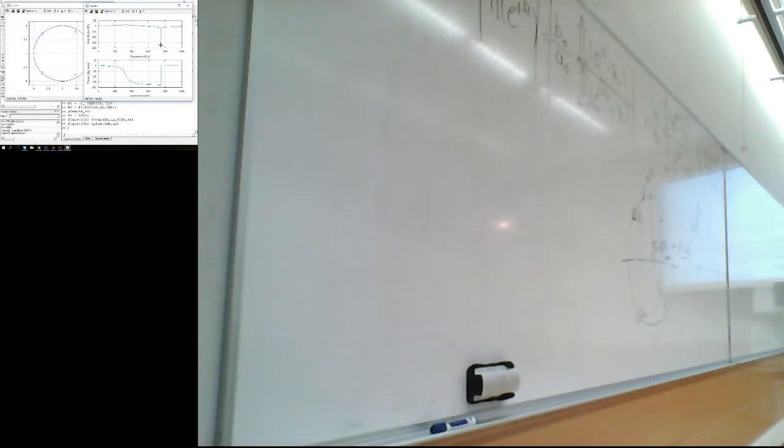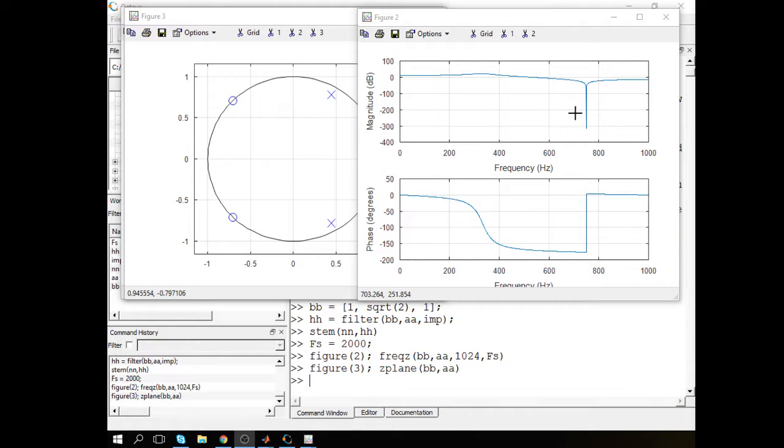And as you can see, there's that one notch, meaning the frequency response goes to 0 on that angle, 3 pi over 4 right there. And this is exactly the same as the angle of this zero.